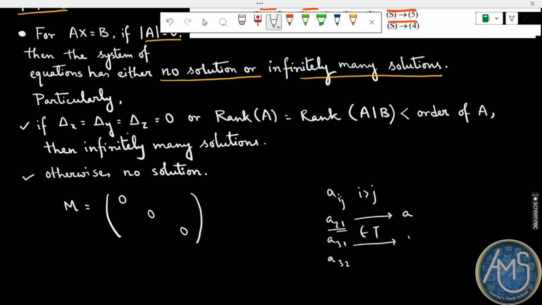This is B and this is C. Just let's take A21 here, A31 here, and A32 here. Since it is a skew symmetric matrix, it must be minus A, minus B, and minus C. Then only it is a skew symmetric matrix of order 3 cross 3.